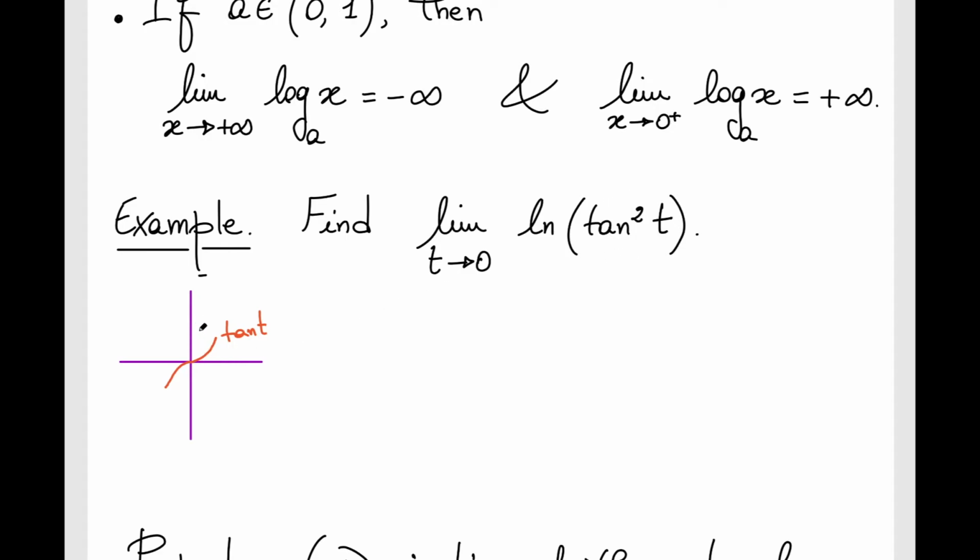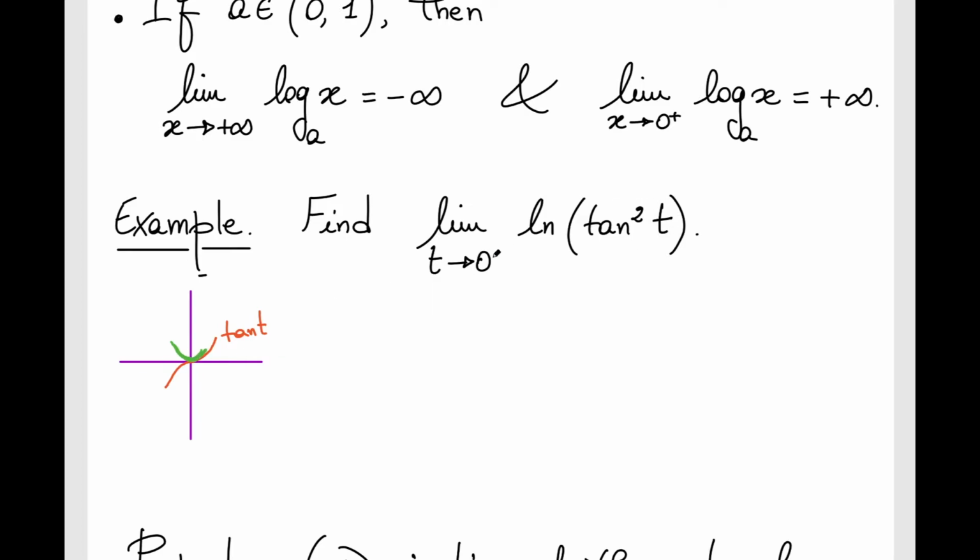The y value is tangent of t squared. It's going to be a function like this, something like this, right? It's behaving something like this. My point is it's symmetric with respect to the y-axis, and it's going through 0 because it's an even function, tangent squared.